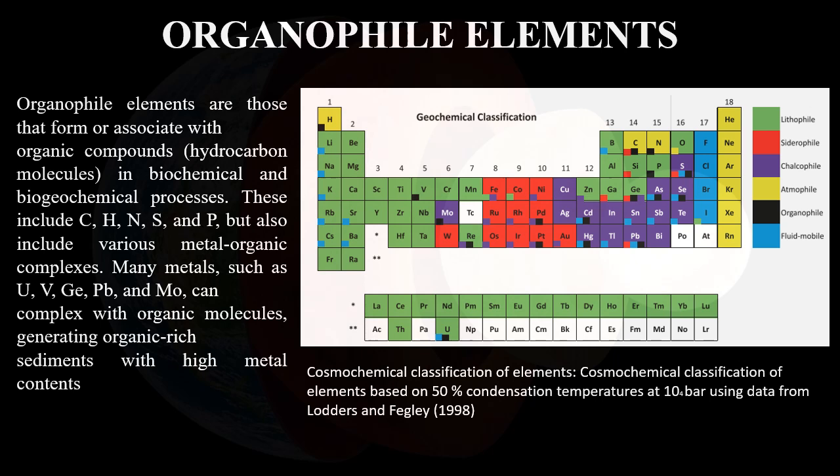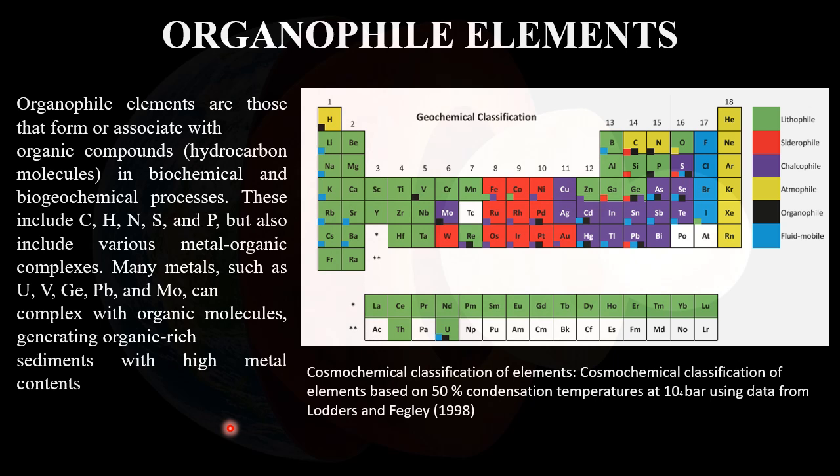Apart from Goldsmith's classes, we have some other classes of elements. One more class is known as organophile elements. Organophiles are those that form or associate with organic compounds, that is hydrocarbon molecules, in biochemical and biogeochemical processes. These include carbon, hydrogen, nitrogen, sulfur and phosphorus, but also various metal organic complexes.